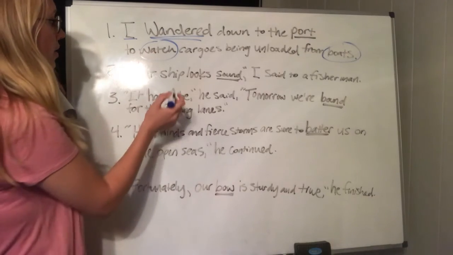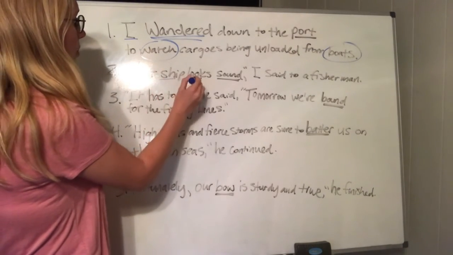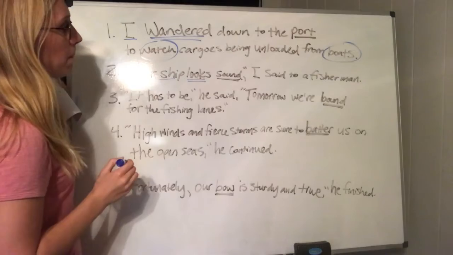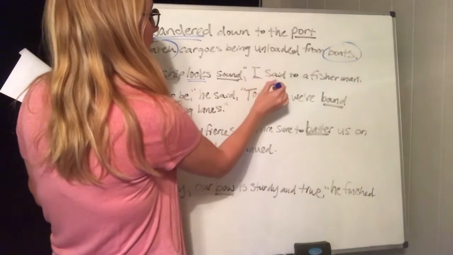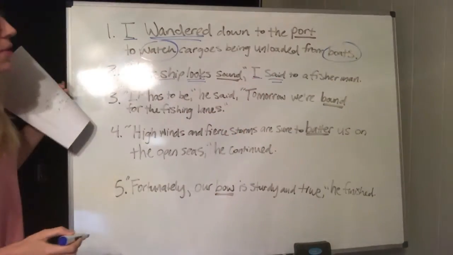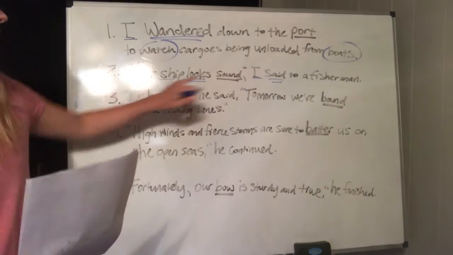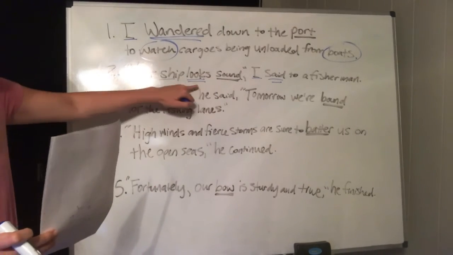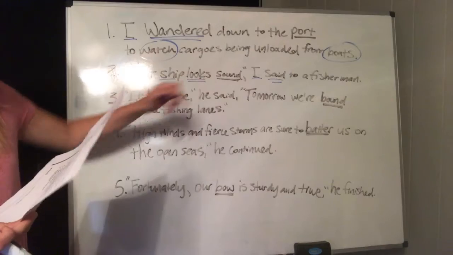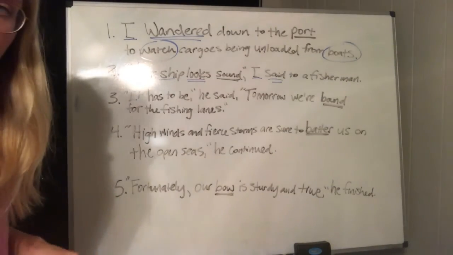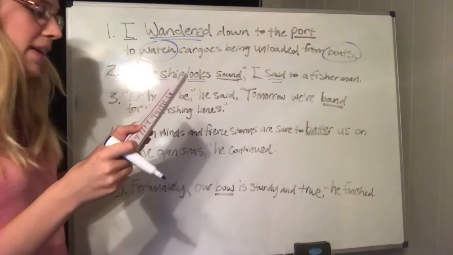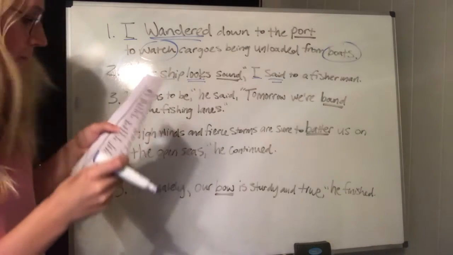So in our quotations, that would be the ship looks outside, I said. Now since our underlined word is inside the quotations, let's look at that first. Your ship looks sound. If it looks, are we talking about a noise? I don't think so. So let's mark out A.